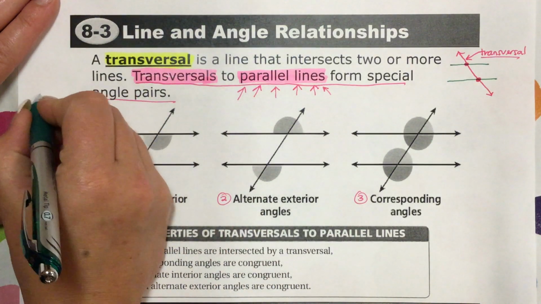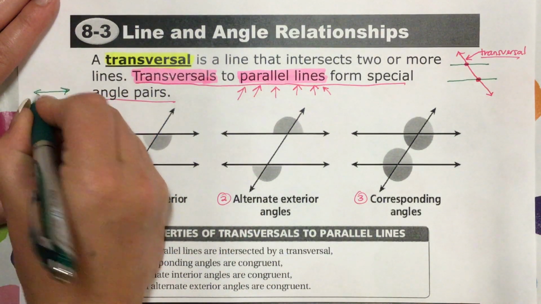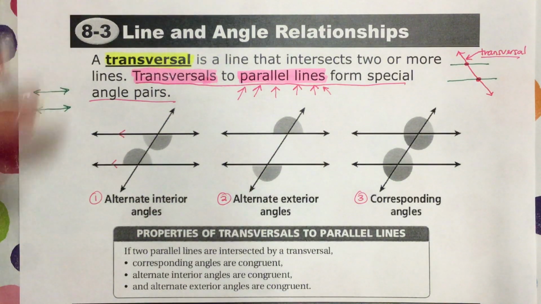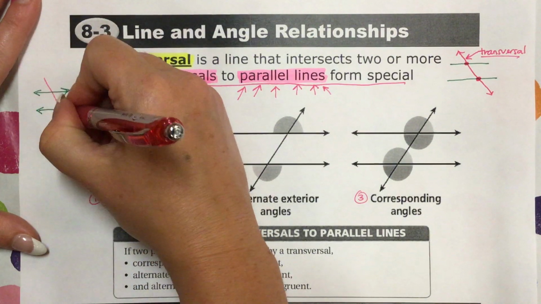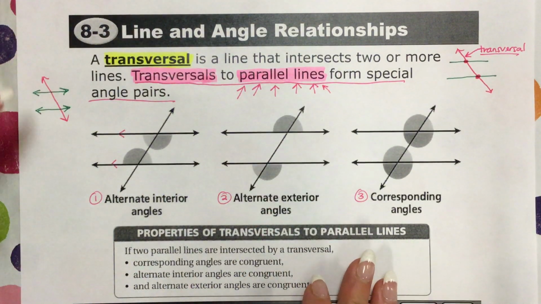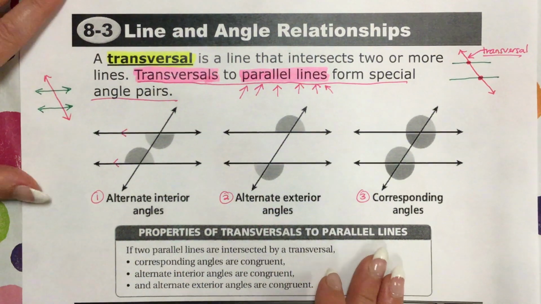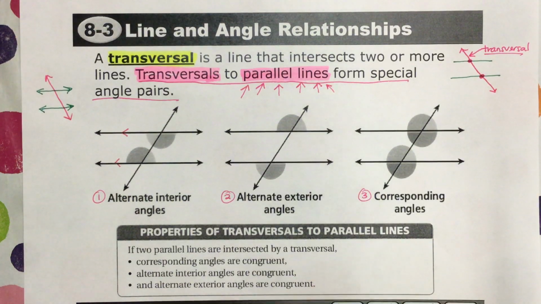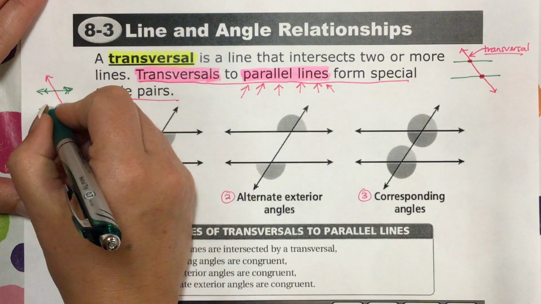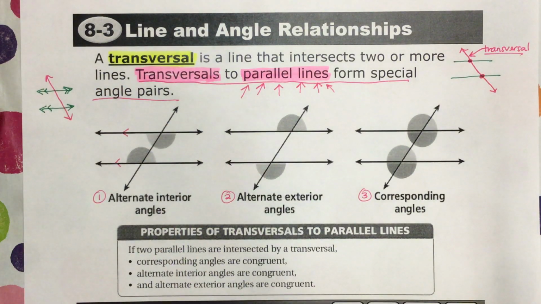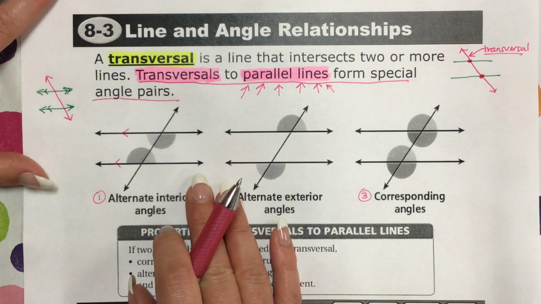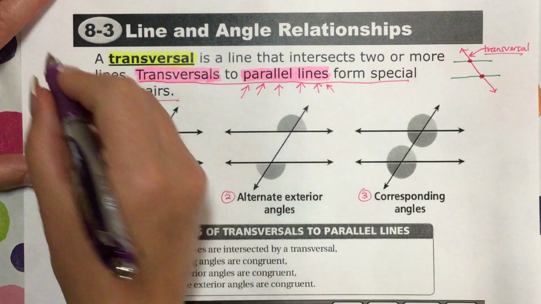So let's say I have 2 lines here, and I have my transversal, which is gonna come like this. Okay, what you have to understand is what just happened, and we're going to call these parallel lines. Okay, well, I'll do the parallel mark right here. What just happened when this transversal intersected those 2 parallel lines is it created a lot of angles.